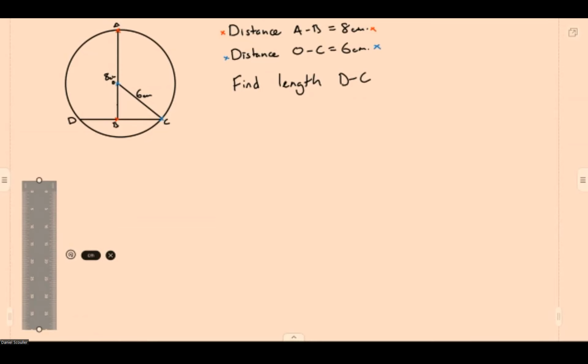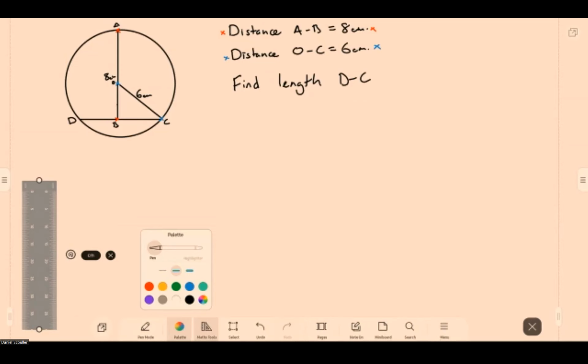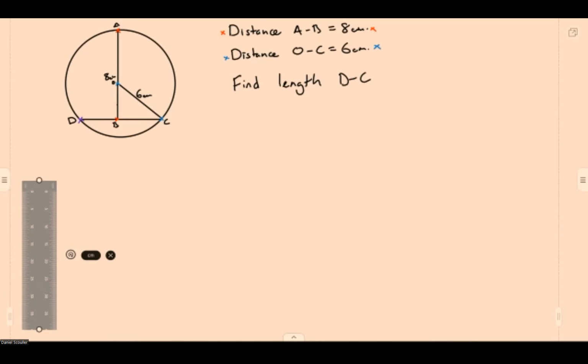And they've asked us for length DC, which is the full length of that chord. So there's a few bits of missing information that we need to find out.